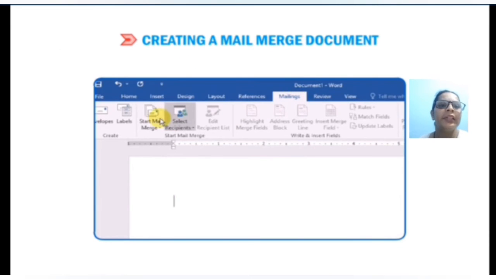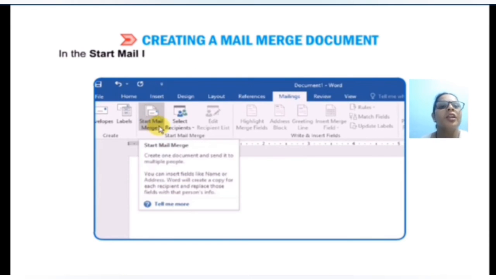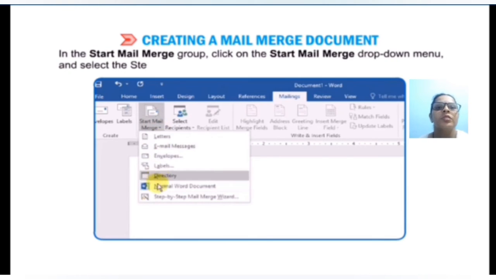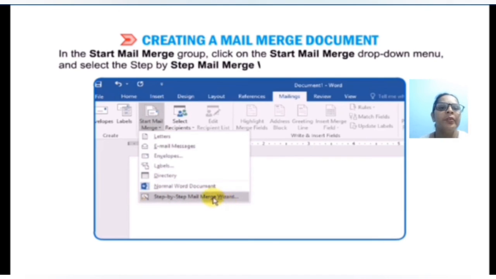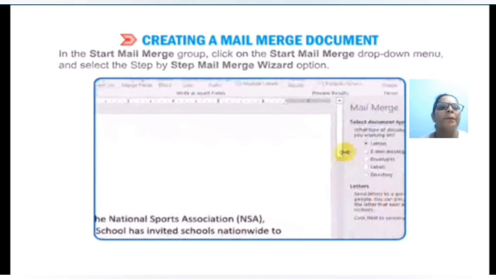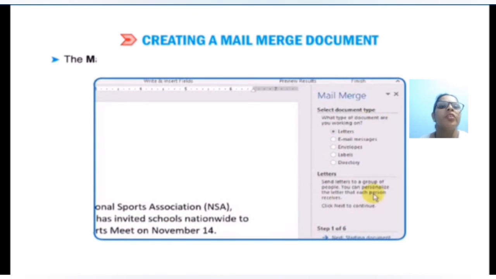Then click on the Mailings tab. In the Mailings tab, in the Start Mail Merge group, click on the Start Mail Merge drop-down menu and select the Step by Step Mail Merge Wizard option. The step by step wizard will appear.